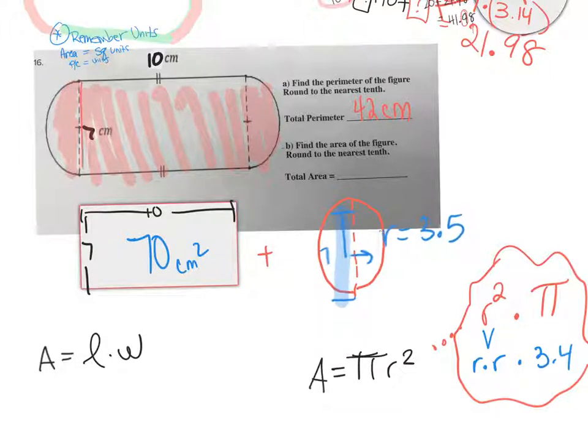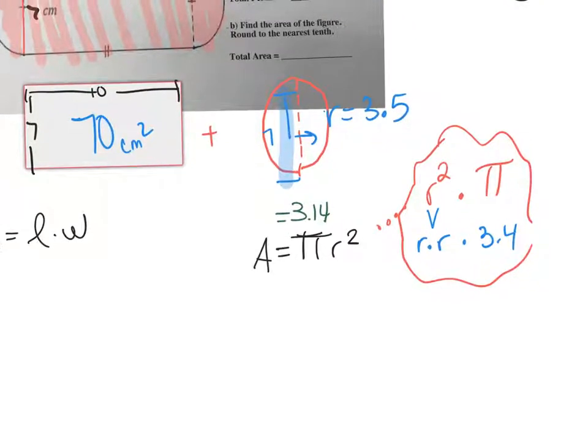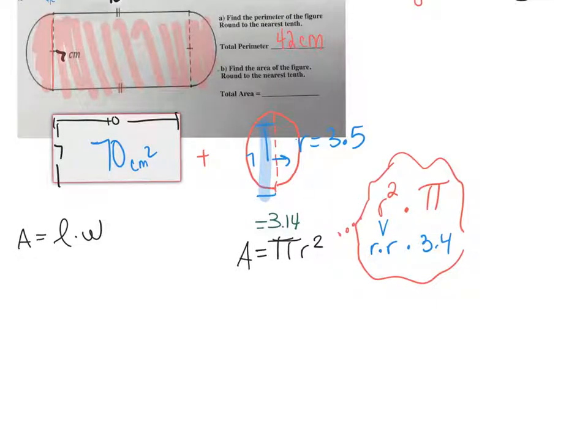If the radius is 3.5, and I go to plug it into my formula, the area is going to be, I'm going to rewrite 3.14 instead of pi. The radius is 3.5, but I have to square 3.5. So remember, you do exponents first.